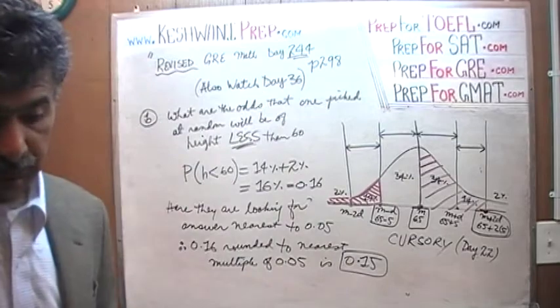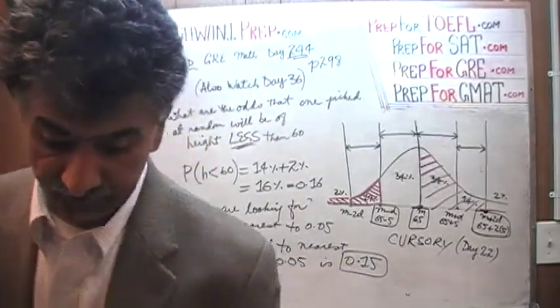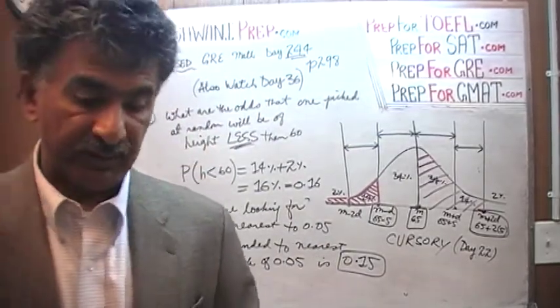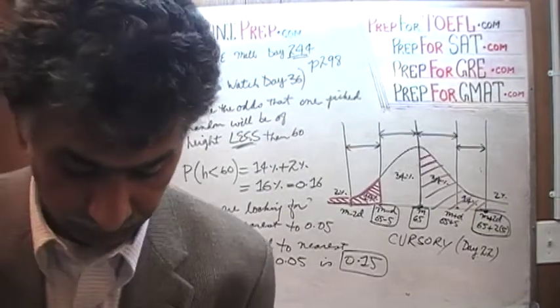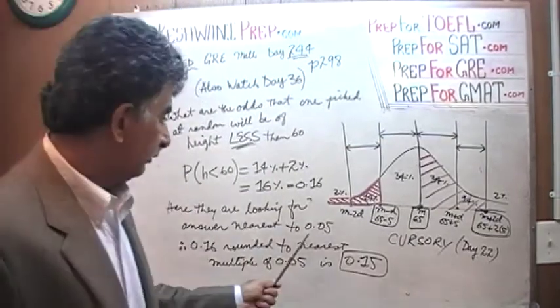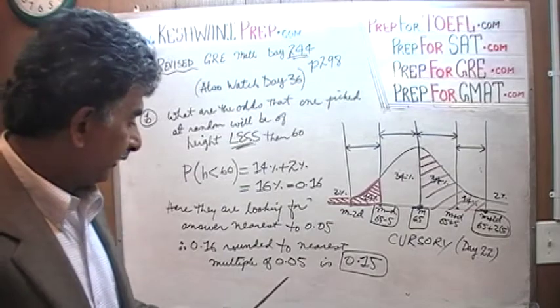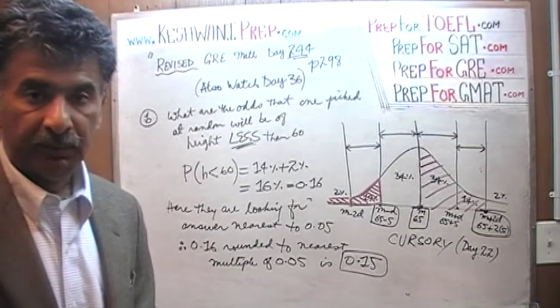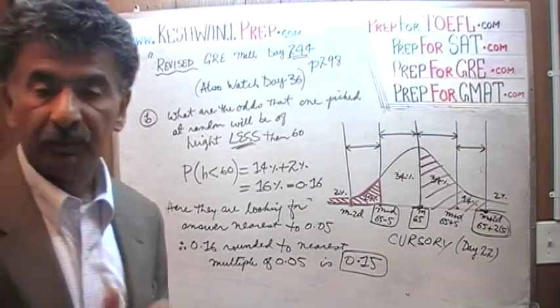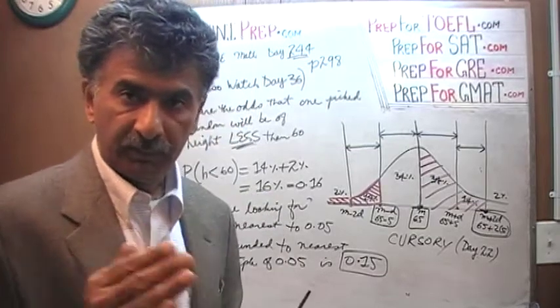Therefore, the correct answer that is accepted here is 0.15, not 0.16, because they ask you to round it to the nearest 0.05, and the nearest multiple of 0.05 would be 0.15, because the next one would be 0.2, because you have to go in multiples of 5s.